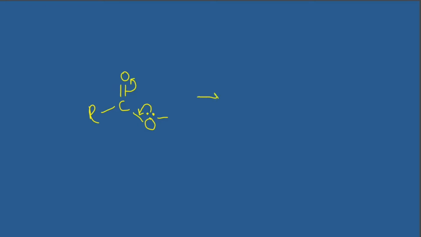After this has moved, I now have an O minus here, and the lone pair sitting up with that one, and this time I have a double bond down here, and this helps stabilize the ion.